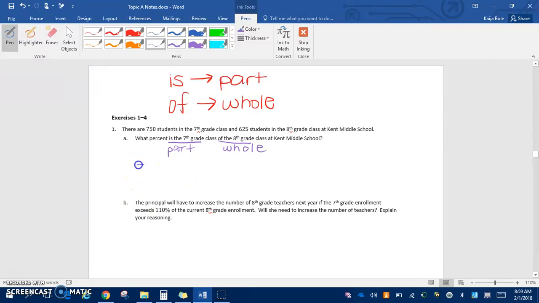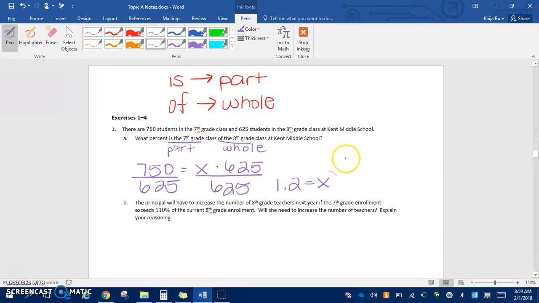Our part is the 750 equals, I forgot my x. We don't know our percent, which is x, times 625. So now I'm going to divide both sides by 625. And when you do that, you get 1.2 equals x. So our answer would be 120%.